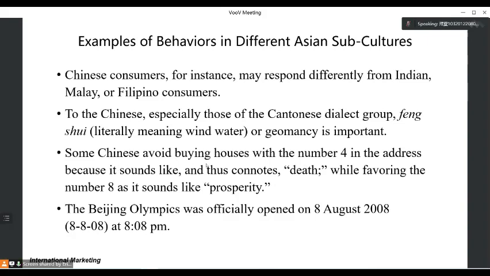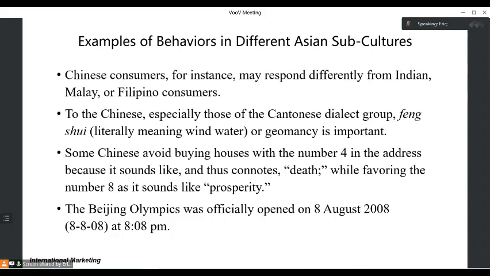For this one, you knew that in China, Chinese people don't like the number four, just because the number four in Chinese culture means death and is not good.